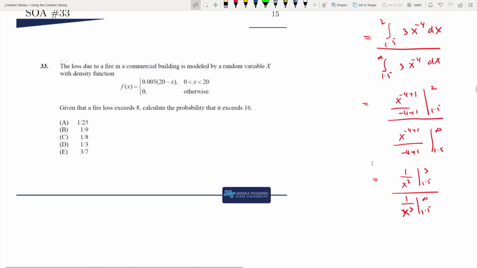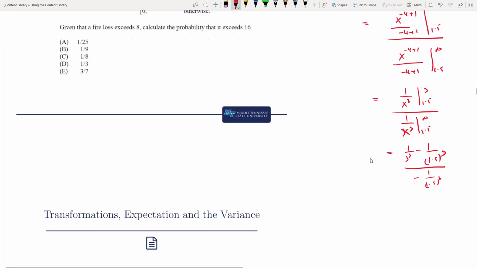So that would be 1 over 1.5 cubed minus 1 over 2 cubed, divided by, when you substitute infinity, it gives you 0, so it's 1 over 1.5 cubed.